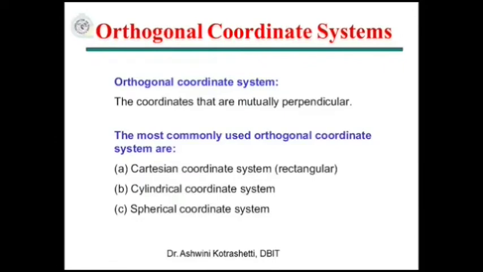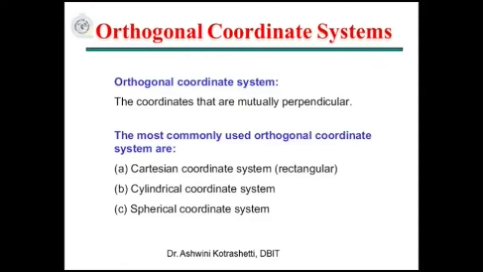They are called orthogonal because they are mutually perpendicular to each other. That is, the axes of the coordinate system are mutually perpendicular to each other. The most commonly used coordinate systems are Cartesian coordinate systems, which we also call the rectangular coordinate system. We also have cylindrical coordinate systems, and finally the spherical coordinate systems.